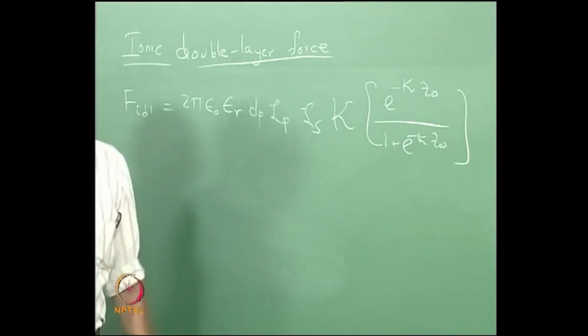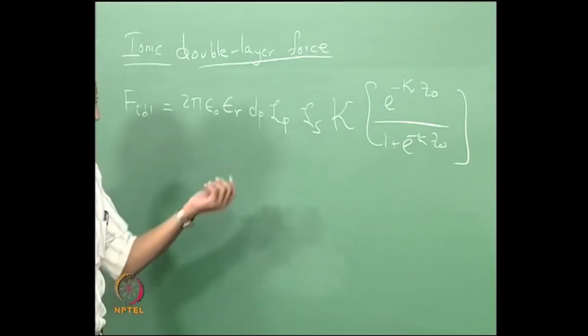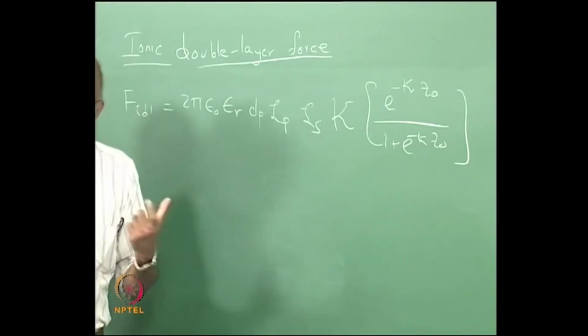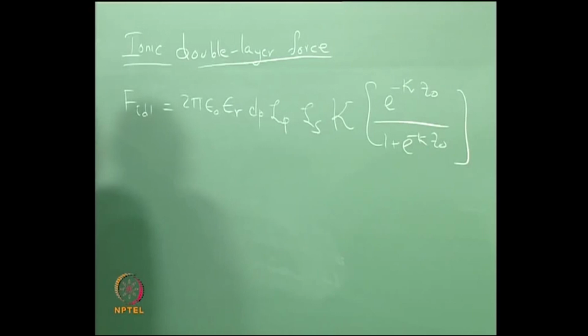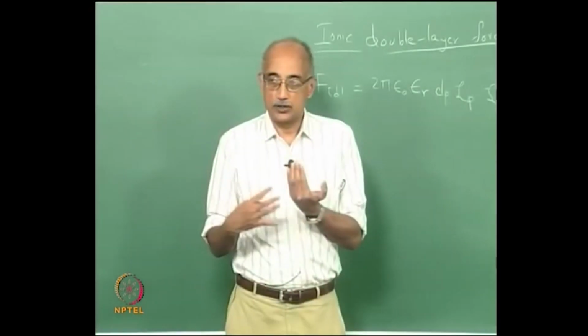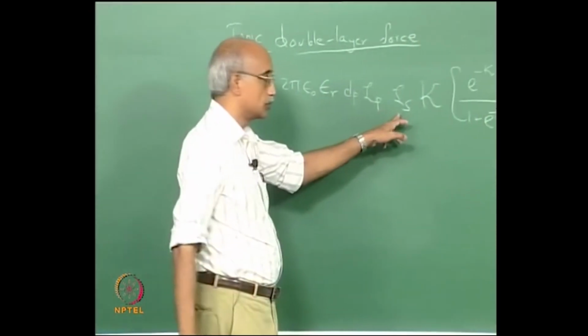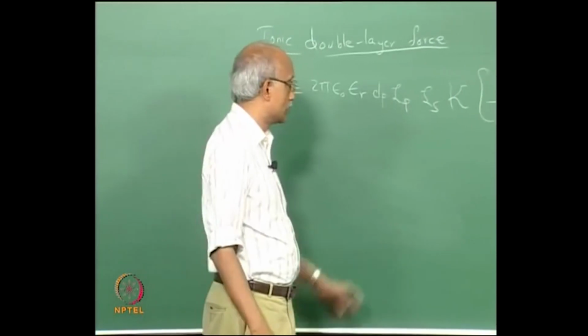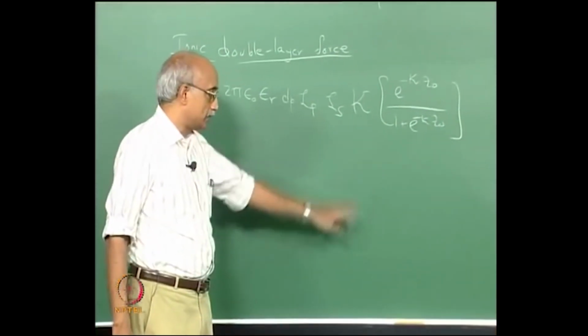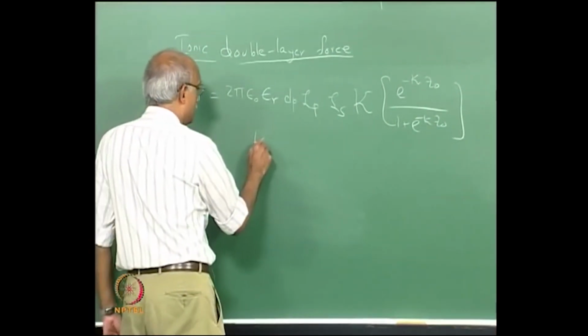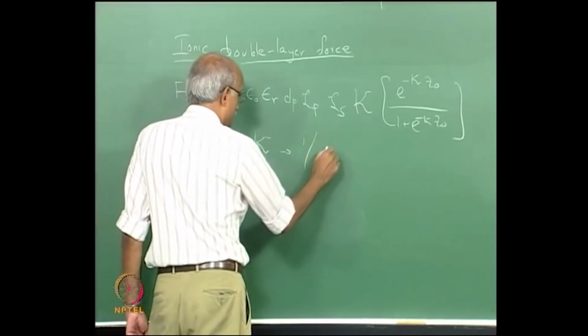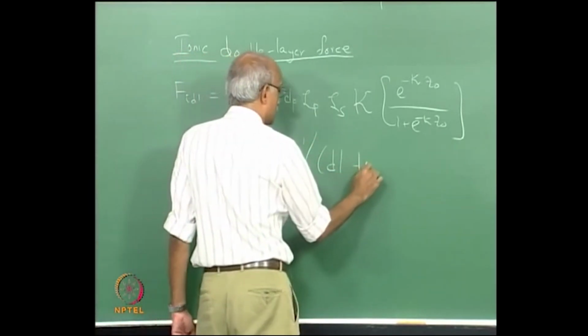The zeta values are the zeta potentials that develop over the particle and over the surface, or it could be two adjacent particles. Kappa is the inverse of the double layer thickness.